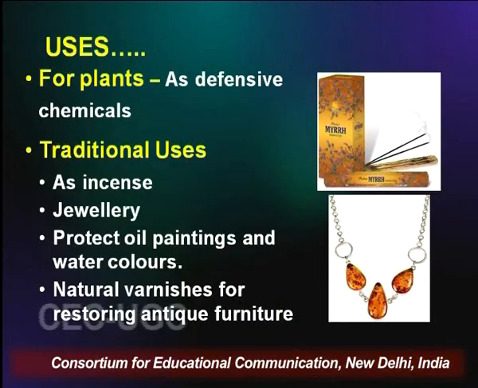Now, for plants, as we discussed, these resins act as defensive chemicals. Whenever an injury is inflicted onto the plant, it immediately starts secreting resin substances as a part of its defensive mechanism.